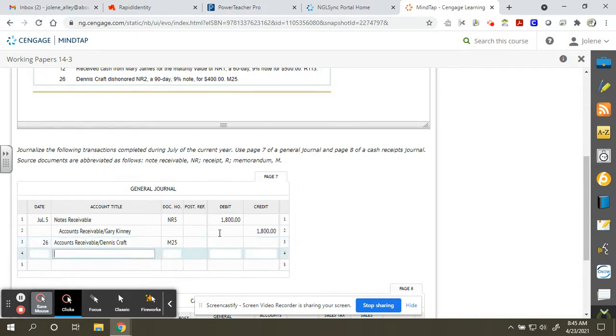Now we have to figure out how much that total is. We don't know that yet. We know down here we have to put in notes receivable. That was $400, right? He borrowed $400. And we have to put in interest income, and we have to figure out what it is. How much is that interest? So we're going to go back to our formula.